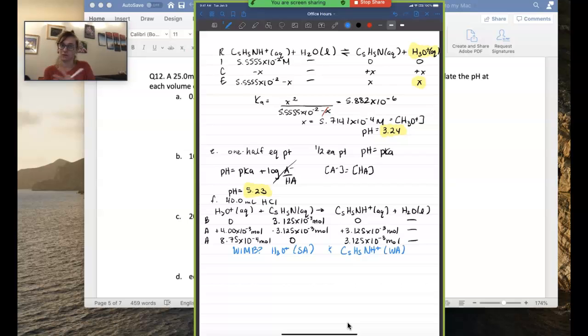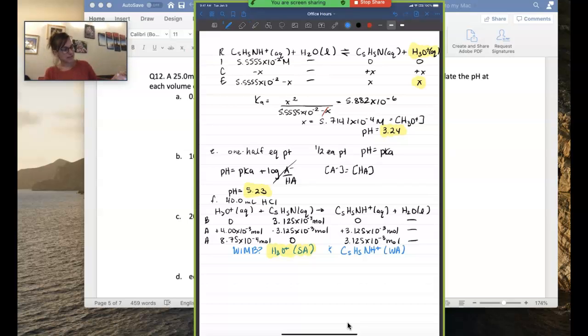Well, we learned that the pH is dominated by the strong acid, right? Because that strong acid will suppress the equilibrium of the weak acid due to Le Chatelier's principle. So all you have to do now is calculate the pH of a strong acid solution. You don't have to worry about doing an ICE table here, because the weak acid will not contribute too much to the pH of the solution.